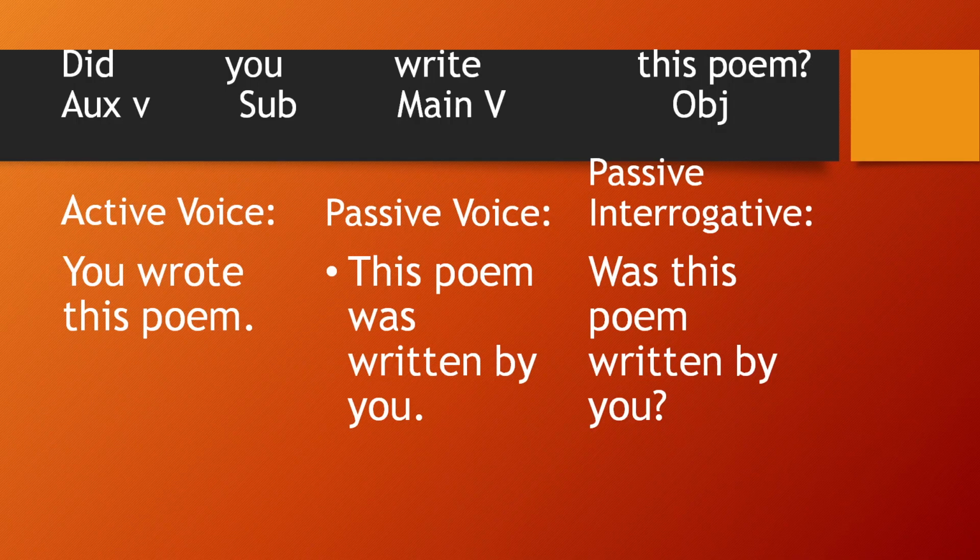So this poem was written by you becomes, we make it interrogative, we take the auxiliary verb to the beginning of the sentence because we have to frame a question, an interrogative sentence. So, was this poem written by you? So the passive construction of did you write this poem becomes was this poem written by you?